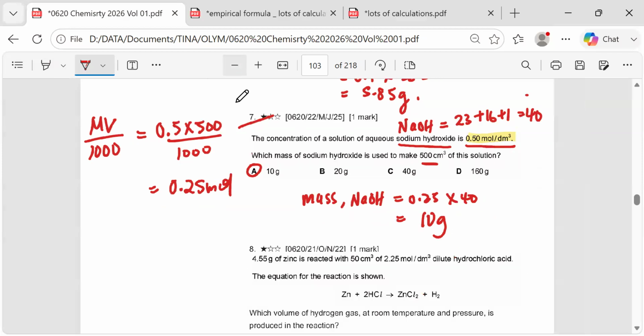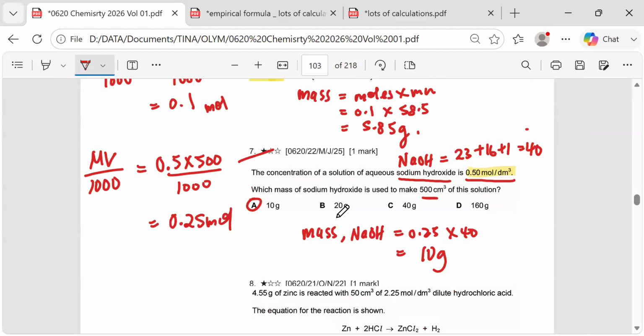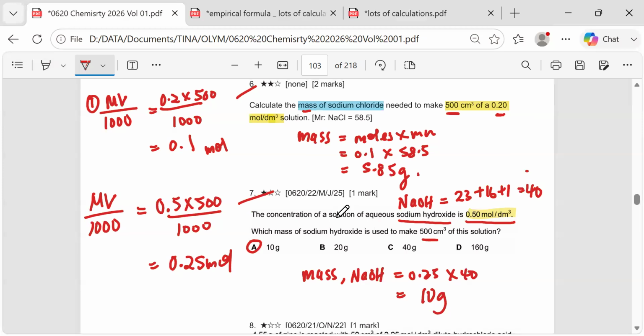Do you understand? Does it make sense? Now you know. So slowly, slowly. You just have to remember there are only 3 formulas, and you just have to know which one to apply.